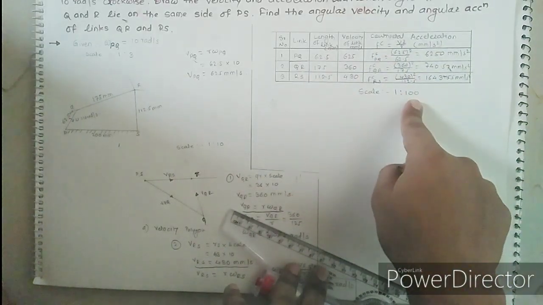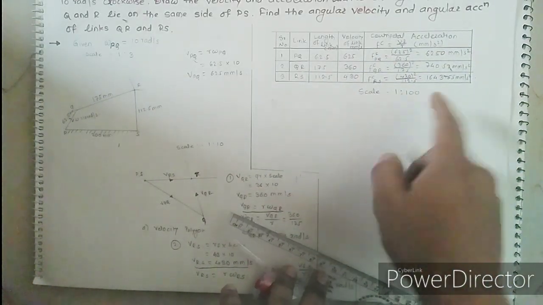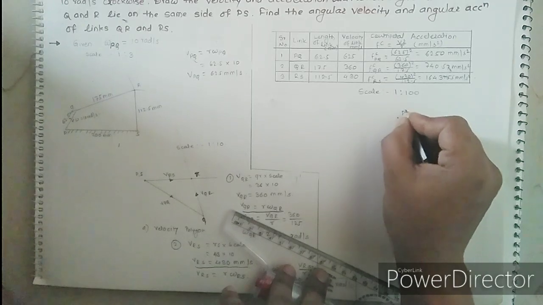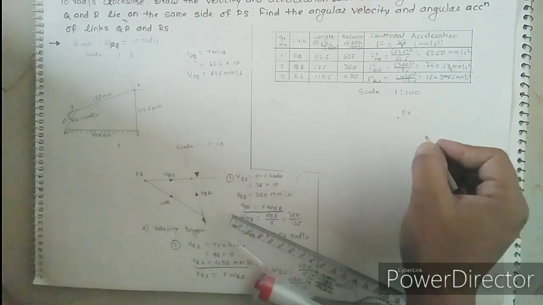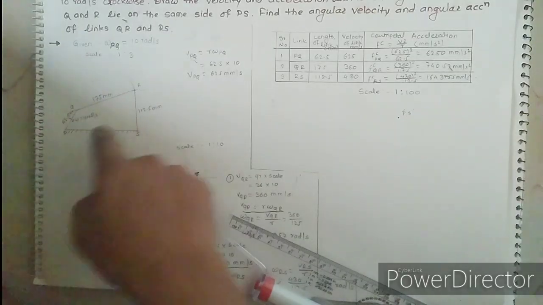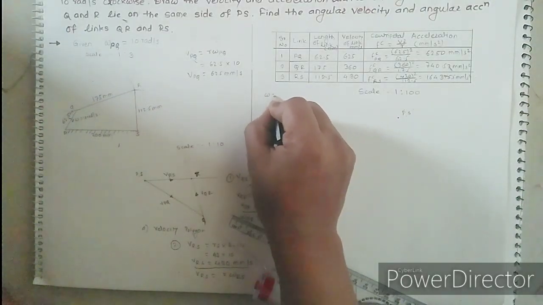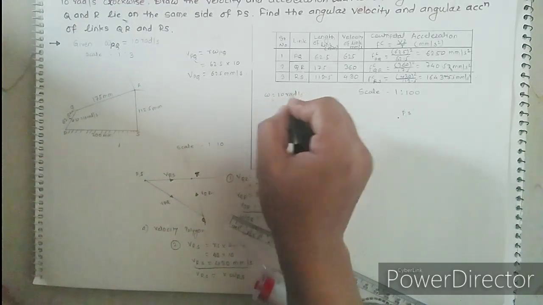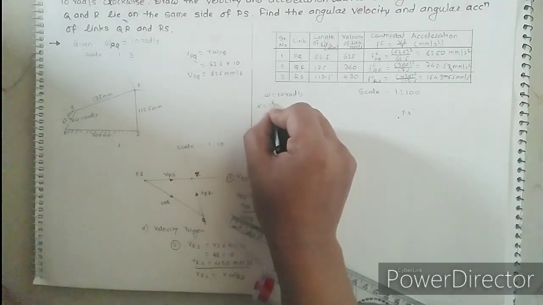So choose a scale of 1:100. Now mark one fixed point, that is p dash, s dash. Now we know that the crank is rotating at a constant velocity of 10 radian per second. Angular acceleration is the rate of change of angular velocity.